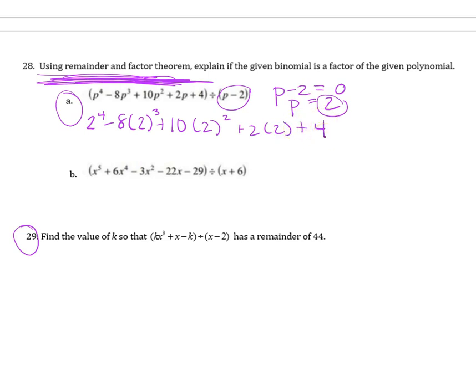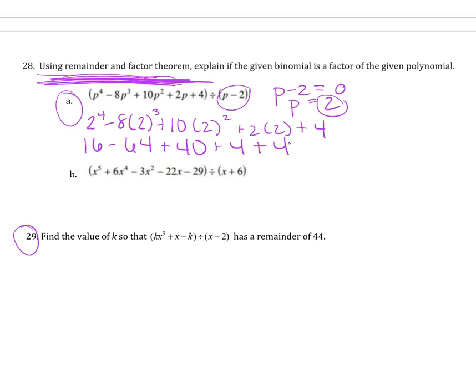And I want to find out what that simplifies to. So 2 to the 4th gives me 16. This gives me negative 64. This gives me 40. 2 times 2 is 4, and then I still have the 4.